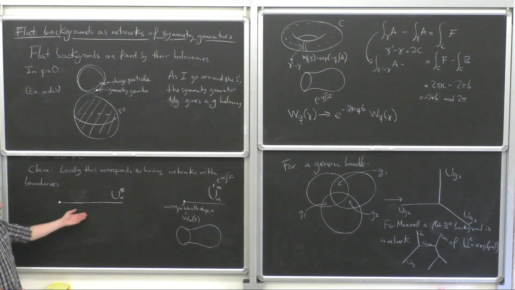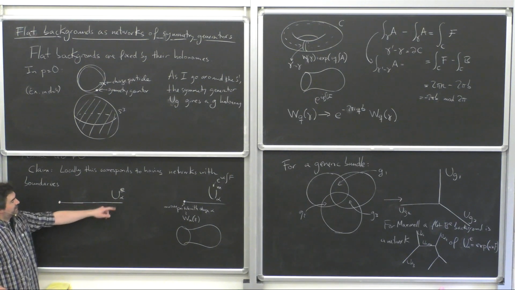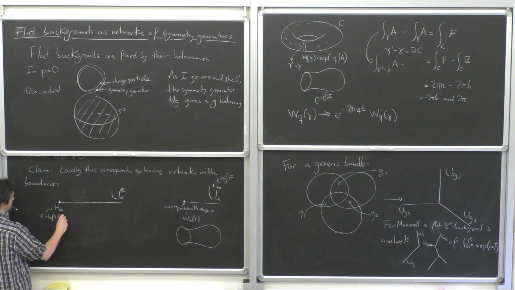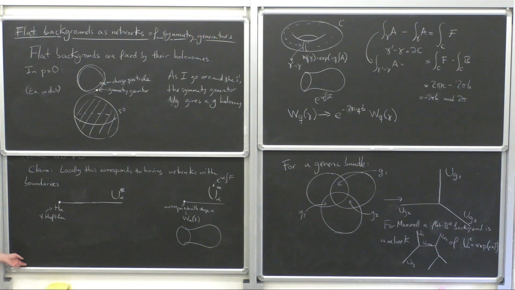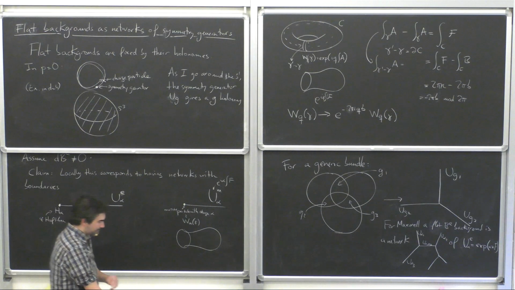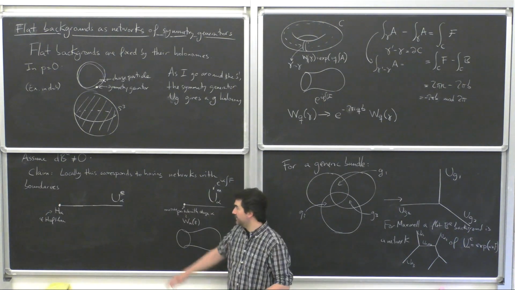There's a similar picture if you dualize, in which you have an electric generator here, but then what you need to have here is an 't Hooft line of charge alpha. All right. So far, so good. Everybody with me so far?